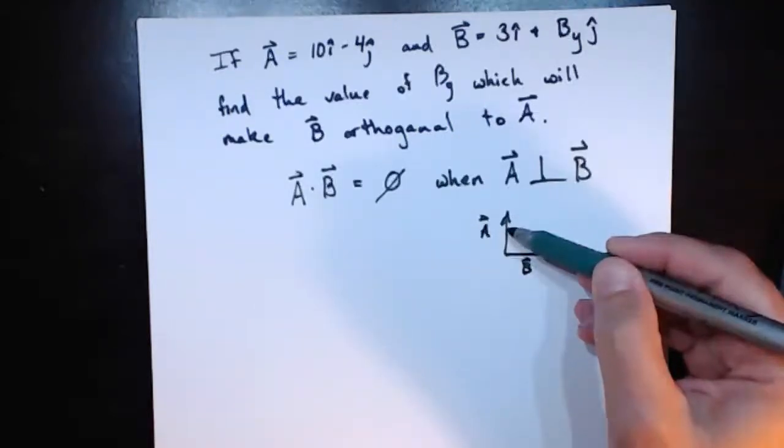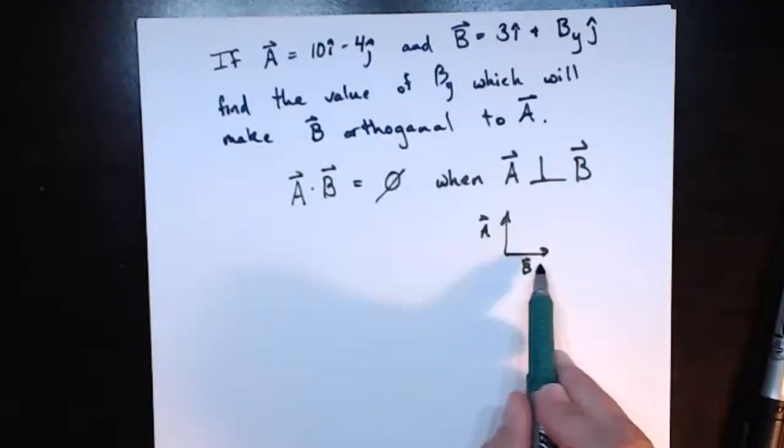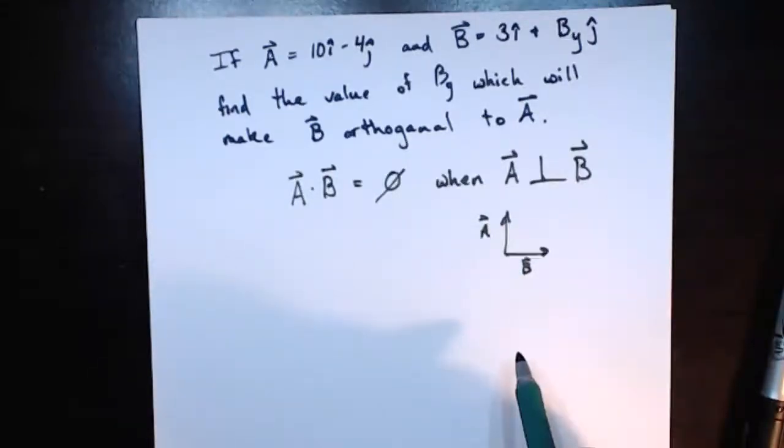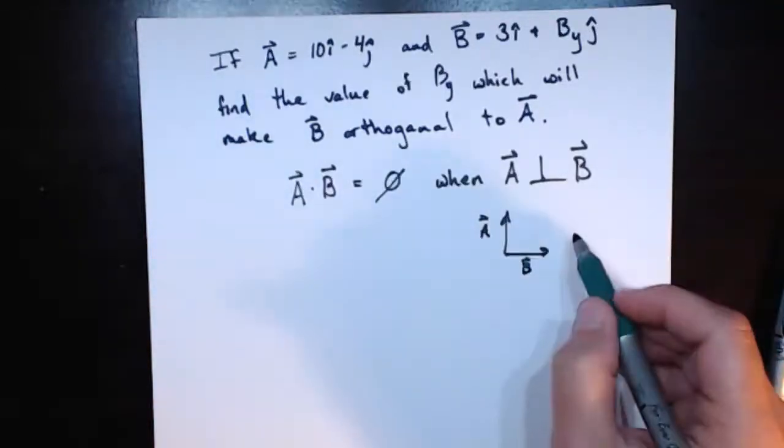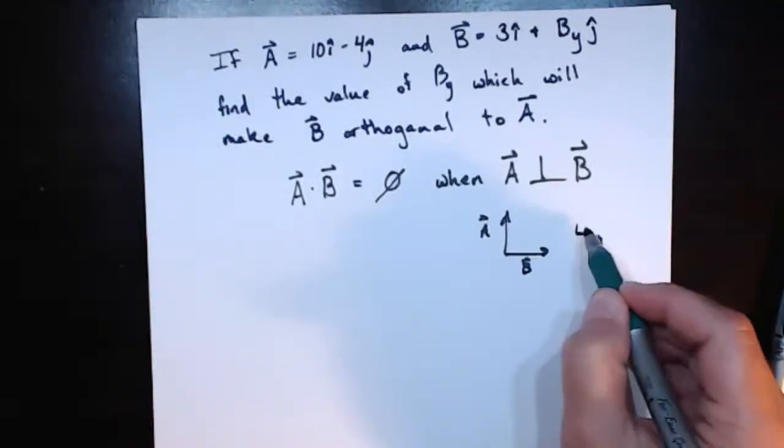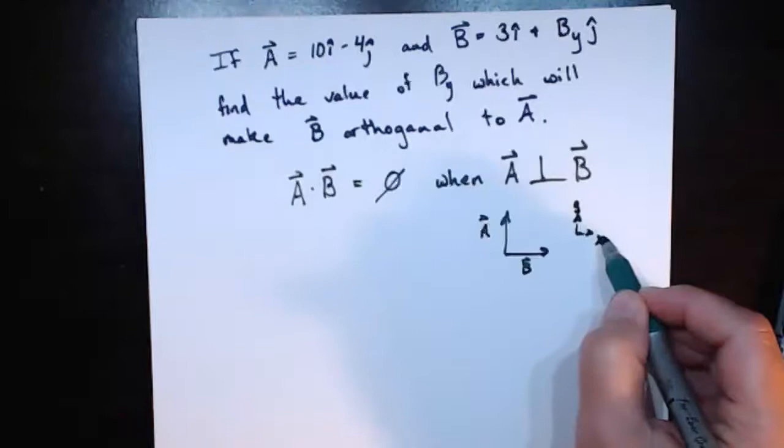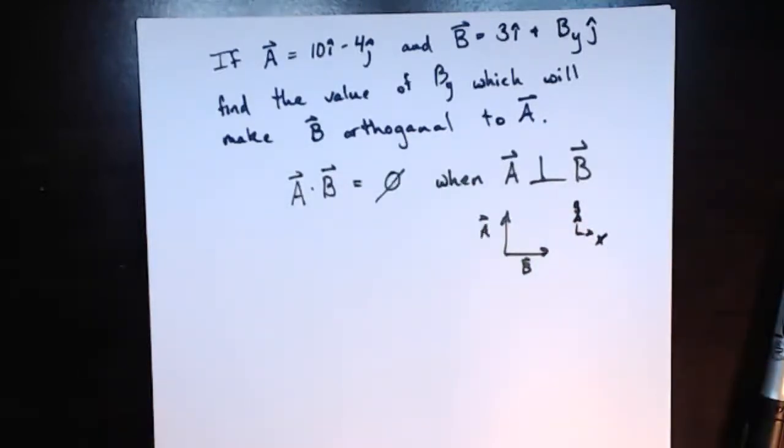There's nothing in the direction of B. So if I've drawn B as though it was in the x direction, there's no x component to this A. It's all in the y direction. If that is the way I define my reference frame, define that as x and this is y, then you'd see nothing is in the x direction for A, so that when they're perpendicular, the dot product will be 0.